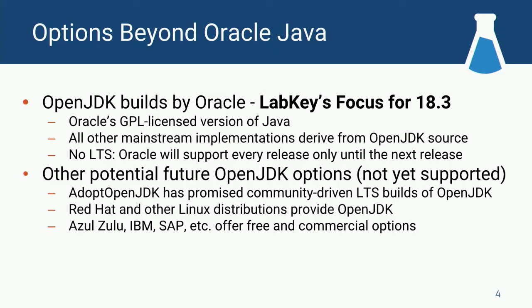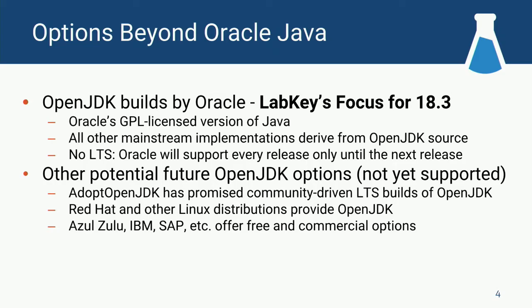We installed it on our TeamCity agents, which run our continuous integration system that runs all of our test suites. All of those got swapped out for OpenJDK 11, so that we can do the final testing on that and fix any problems that might show up before we release 18.3.